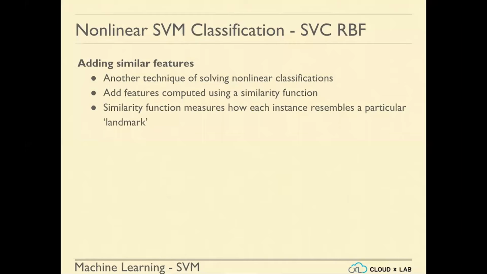Similarly, what we used to do, and we do even today, those who are using SVM, is introduce some more nonlinear features. These features are called similarity functions. Similarity functions measure how each instance resembles a particular landmark.